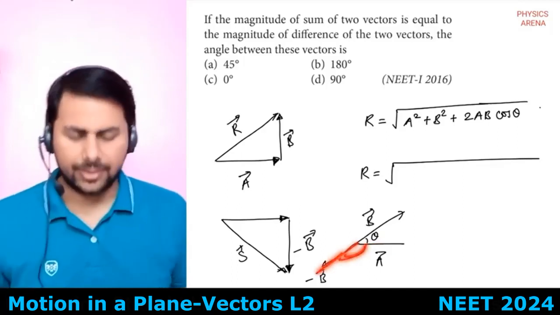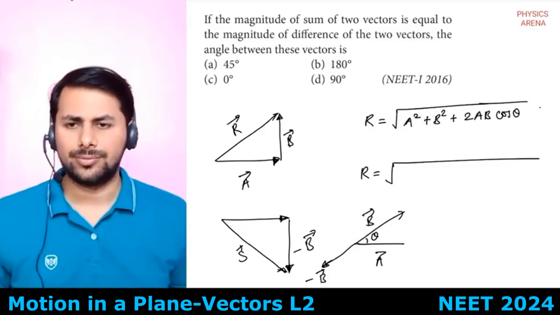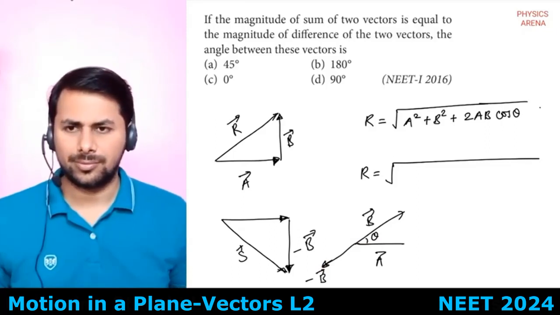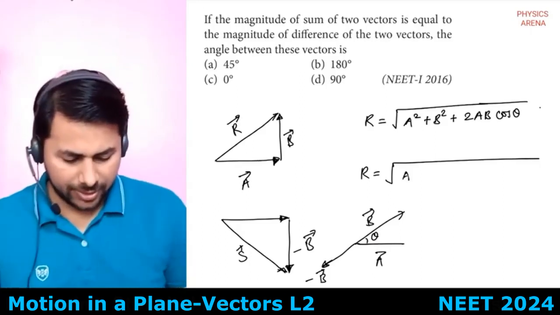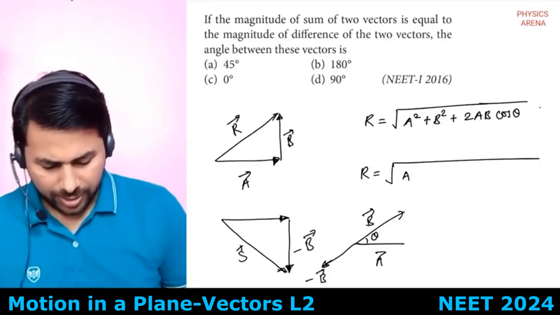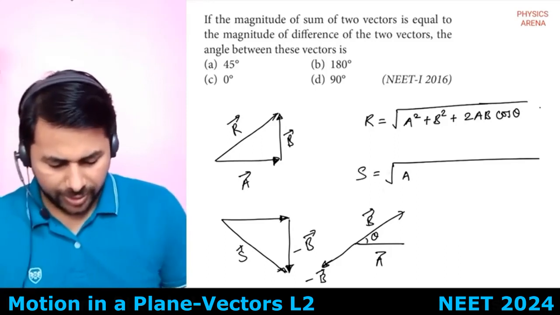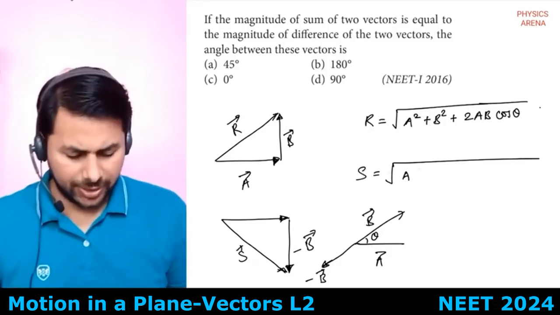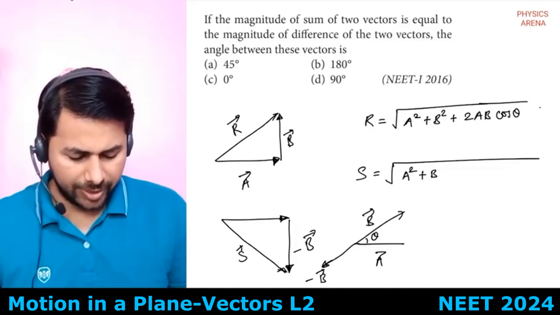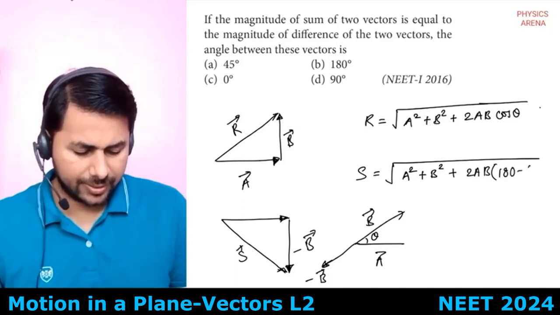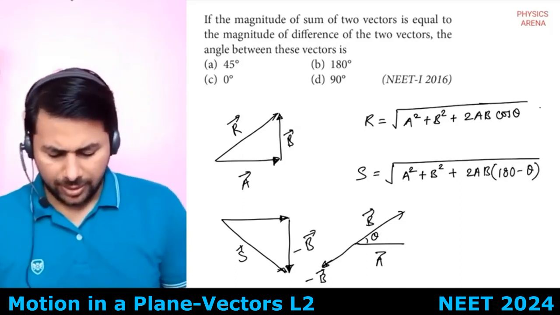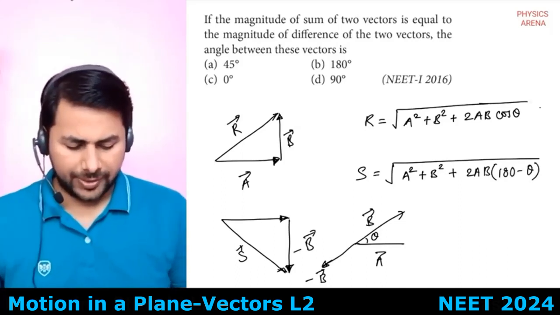How much is this angle? 180 minus theta, right? So suppose this one is S, the resultant of subtraction, so it will be the square root of A square plus B square plus 2AB multiplied by cos of 180 minus theta, and R is equal to S.